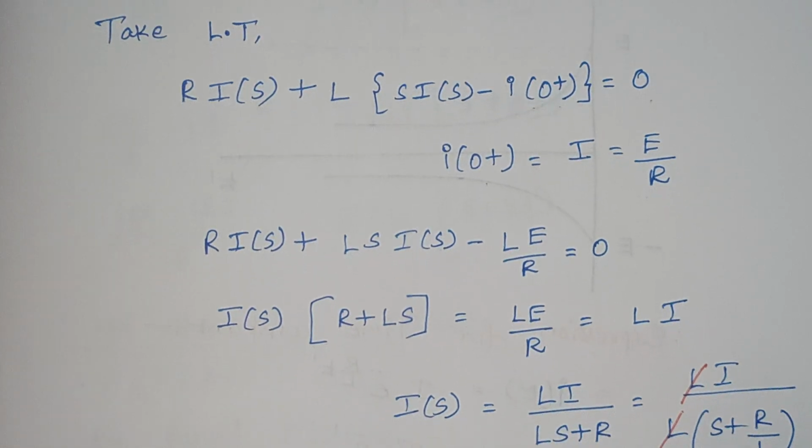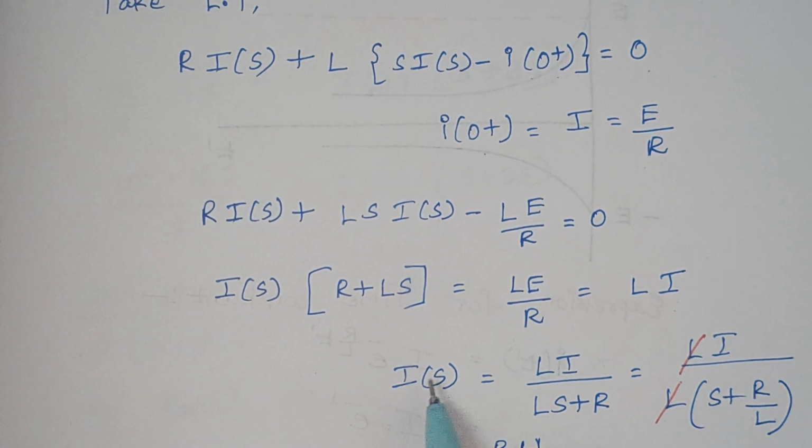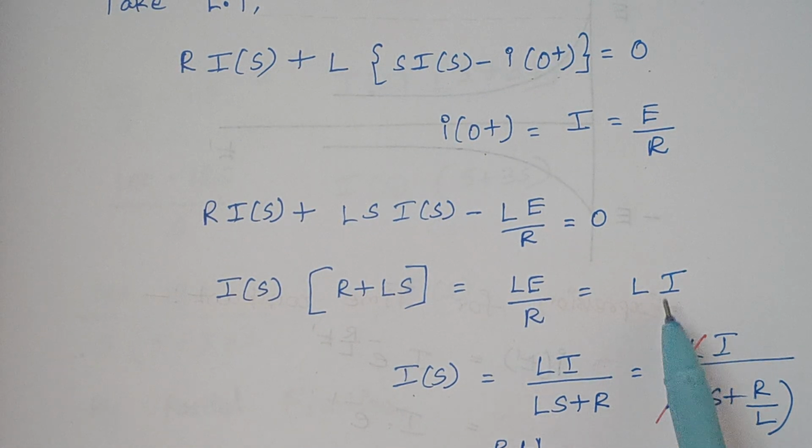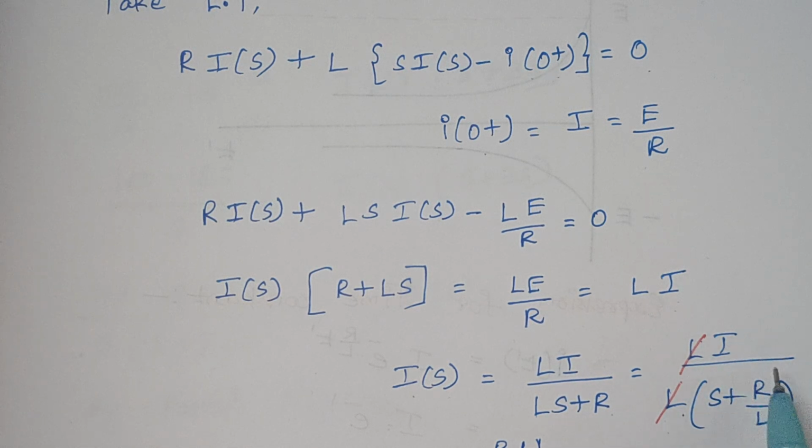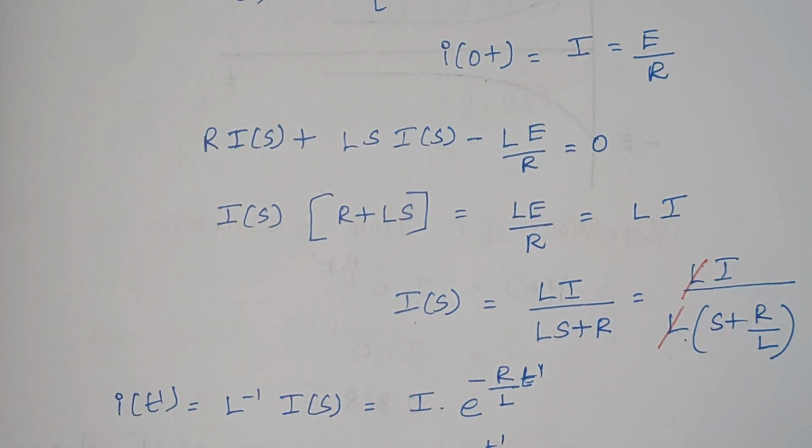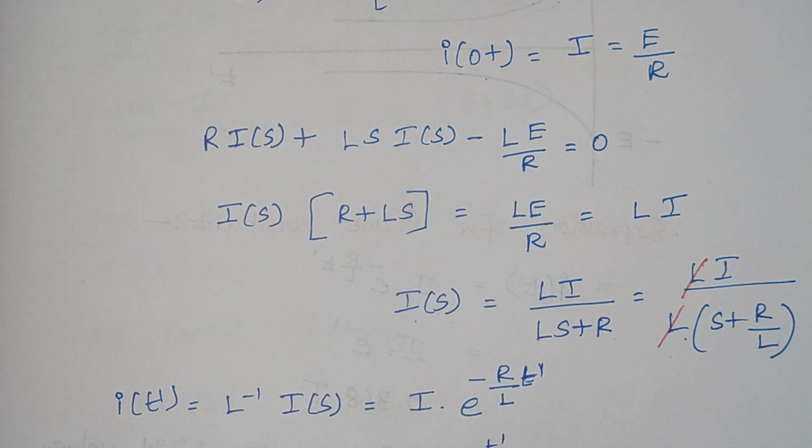So I of s is given by L I divided by R plus Ls. In the denominator I take L commonly outside, so the L in the numerator and denominator cancel each other, and finally our expression is I by s plus R by L. Now we take the inverse Laplace transform to find the value of I of t dash.